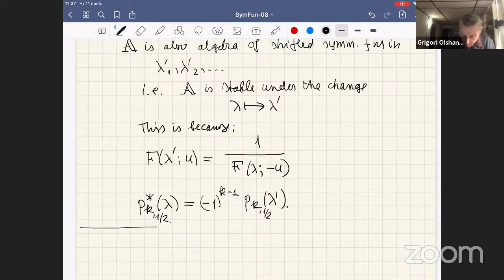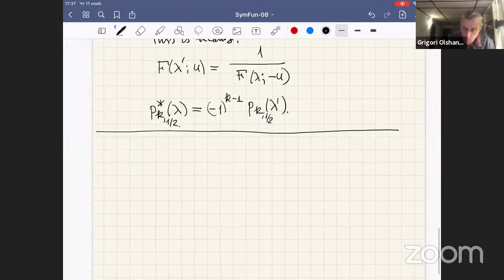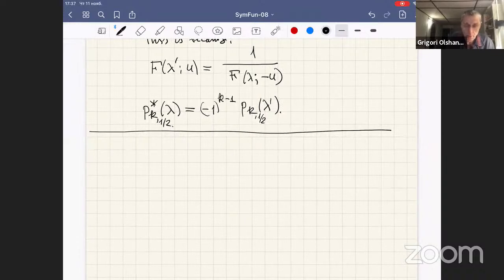But this is not the end. There is one more realization of the same algebra of regular functions. It goes as follows. So I need some definition. Maybe I already gave it or not, I don't remember, but anyway. The notion of content of a box.